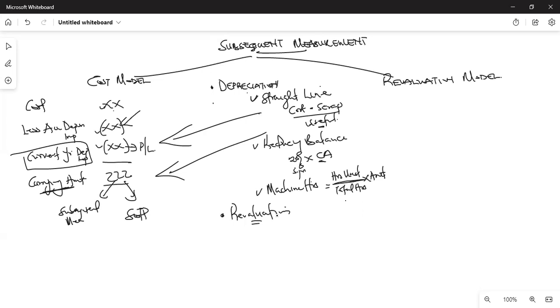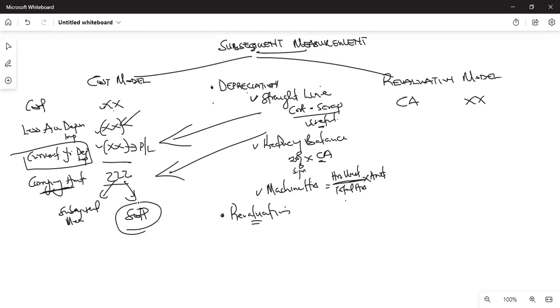So now, the revaluation goes like this. Let's say you have the carrying amount. When I say carrying amount, you know it is the amount after you have taken off all these things. The standard says that the carrying amount is the amount by which an asset is represented in the statement of financial position.